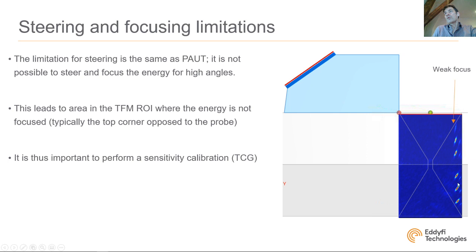You can see for these holes right here, we have a pretty nice energy, high amplitude. The beam is actually very short, but for this specific hole right here, because we have to steer at very high angle, we lose a lot of energy. So this is why TCG is important, because you want to compensate the energy for this part of the TFM.